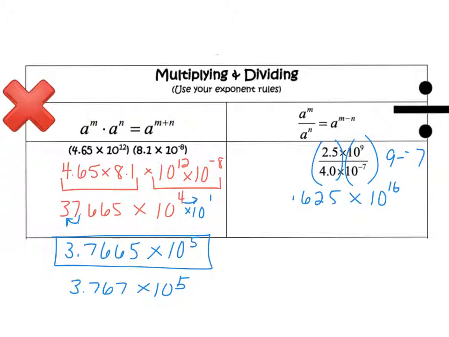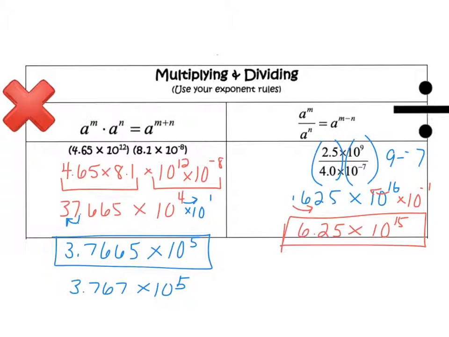Again, almost done here, but I need to adjust this because this value is too small. It's smaller than 1, so it becomes 6.25. And what I've actually done is I've multiplied by a power of 10, so I compensate by dividing by a power of 10, which would be 10 to the negative first. So that shifts your exponent 1 to the right, making it 10 to the 15th. Now it's in scientific notation.